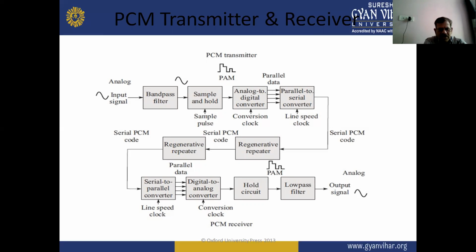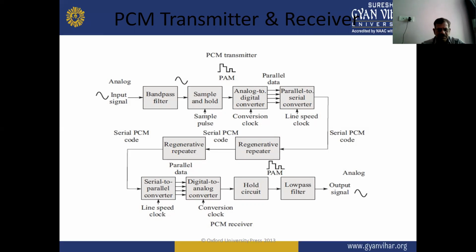The output of the repeater is the serial PCM code, and again this is applied to the serial to parallel converter. Over here, the serial signal is converted into parallel signals by the serial to parallel converter.